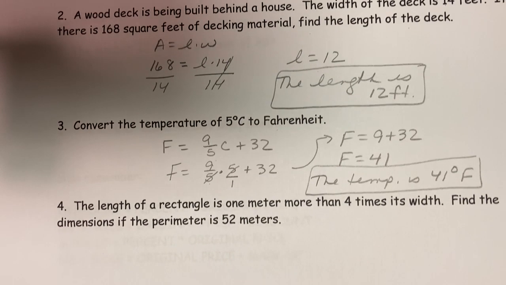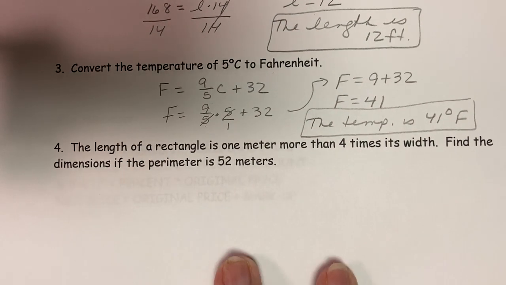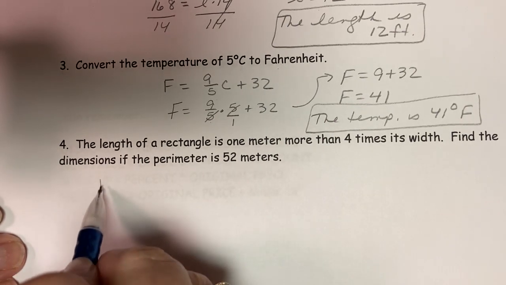All right, last story problem, but then we do have a few problems left on the next side here. So the length of a rectangle is 1 meter more than 4 times the width. Find the dimensions if the perimeter is 52. So this seems like we're going to be drawing a picture here.